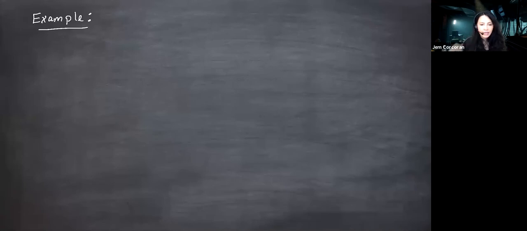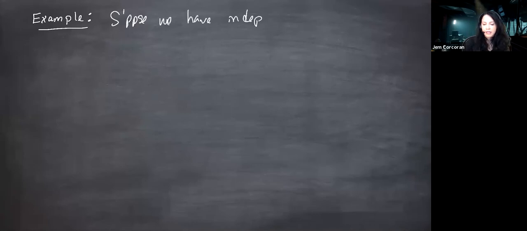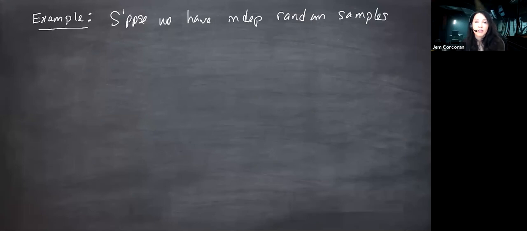But in this case, suppose I have 2 independent random samples. One of them is of some size n1 from a normal distribution with its own mean and its own variance.